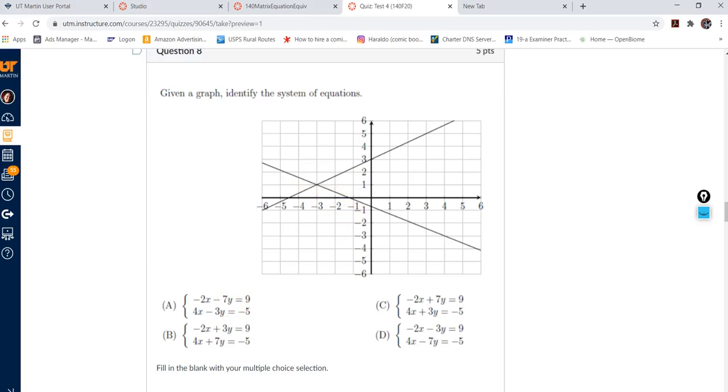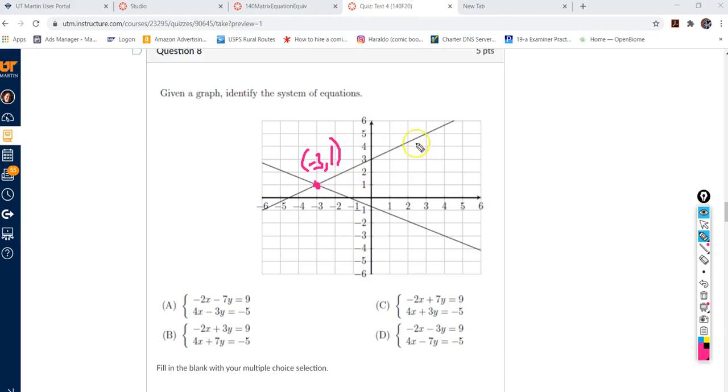So I can see what I'm trying to do here. All right, so that's an intersection point. And that's negative 3, comma, positive 1.